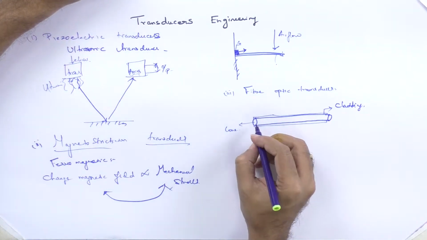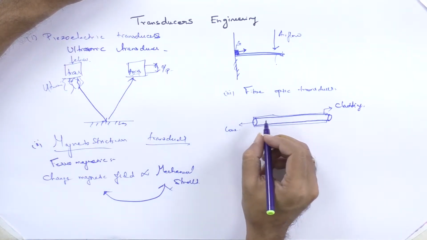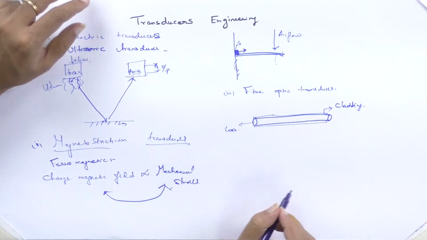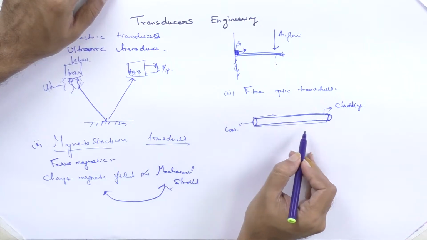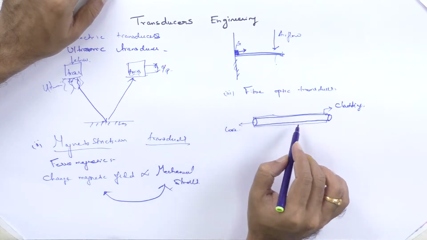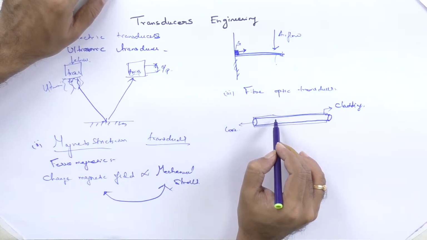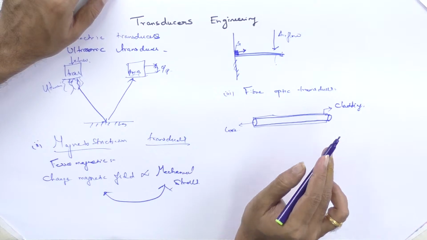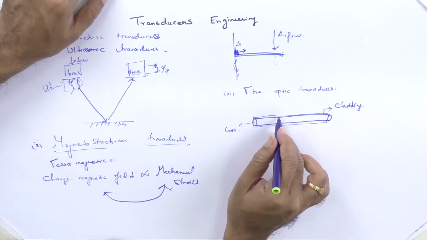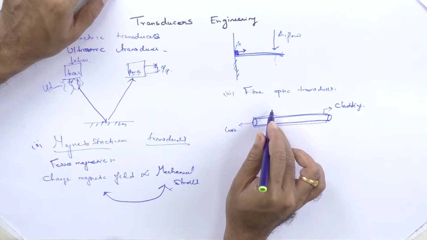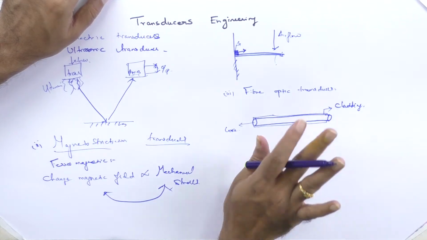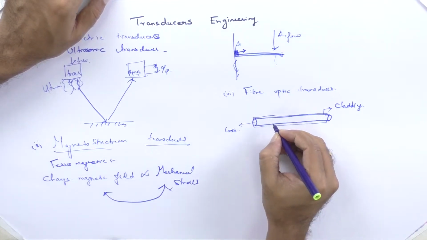When you pass light through this, the core has one kind of refractive index where light can pass through, and the cladding has another type of refractive index so that it doesn't allow light to pass through. So the core is a little bit transparent to light so that it can pass through, and the cladding is opaque to light so that the light doesn't emerge out. This is the basic construction of a fiber optic cable.